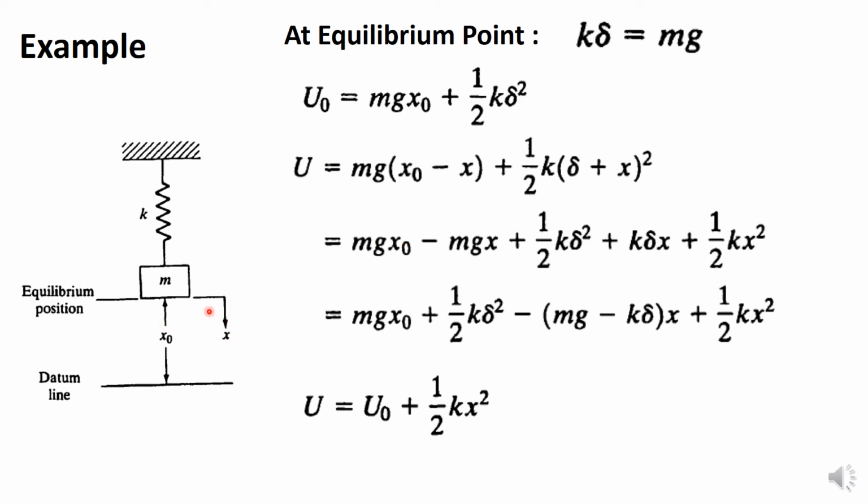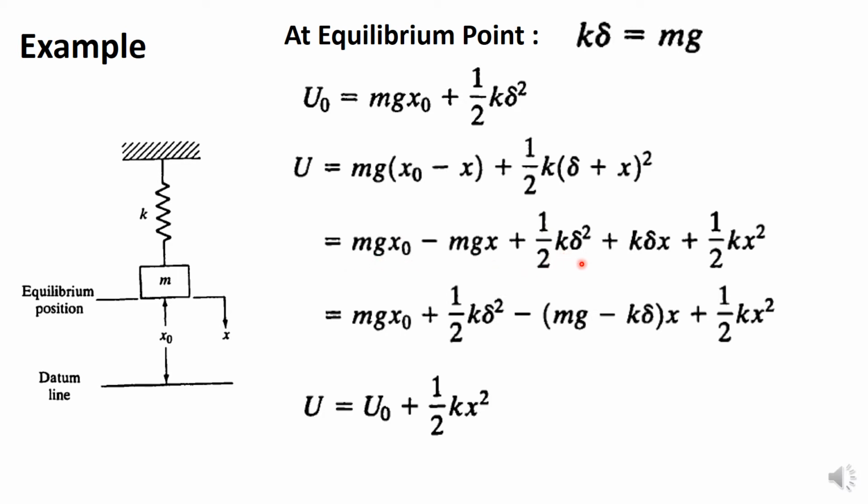And so we can imagine that if we have certain displacement x moving forward, our potential energy will be mg (x0 minus x) for the gravity term, and our spring term, because it will be elongated, the spring potential energy will be increased. It will be 1 over 2 k (deflection plus x) power 2.